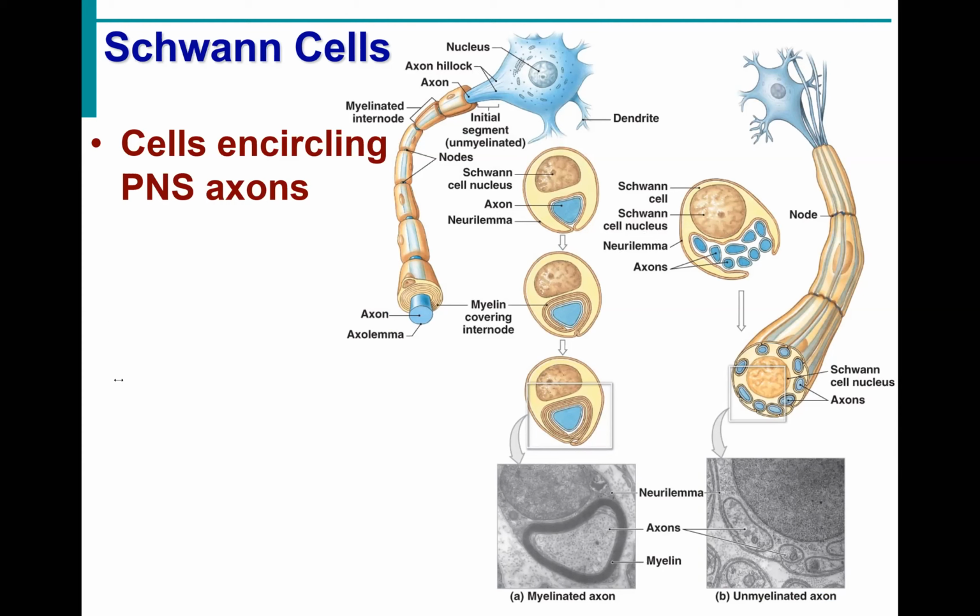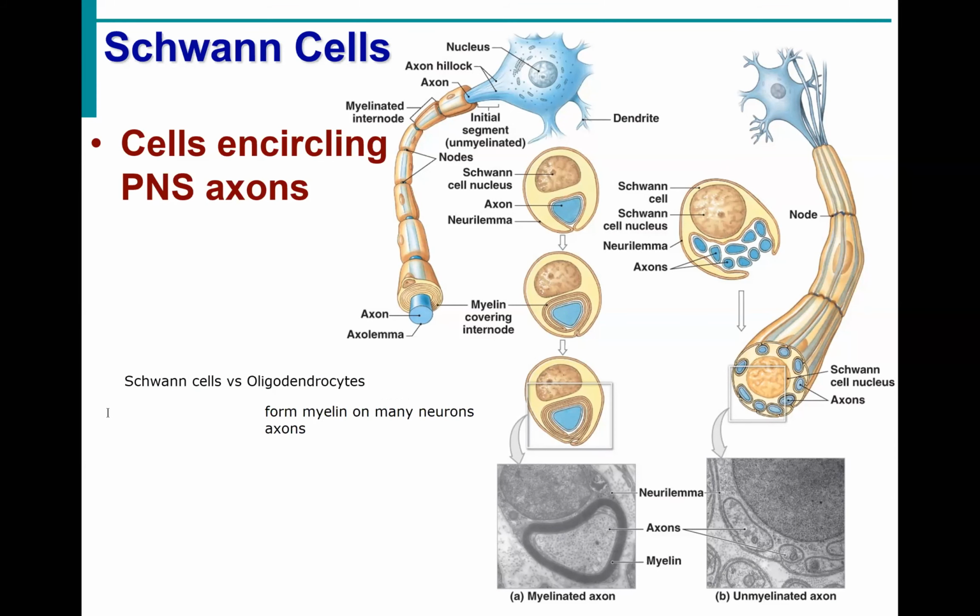when we compare Schwann cells to our oligodendrocytes, remember, our oligodendrocytes can form myelin on many neurons' axons.